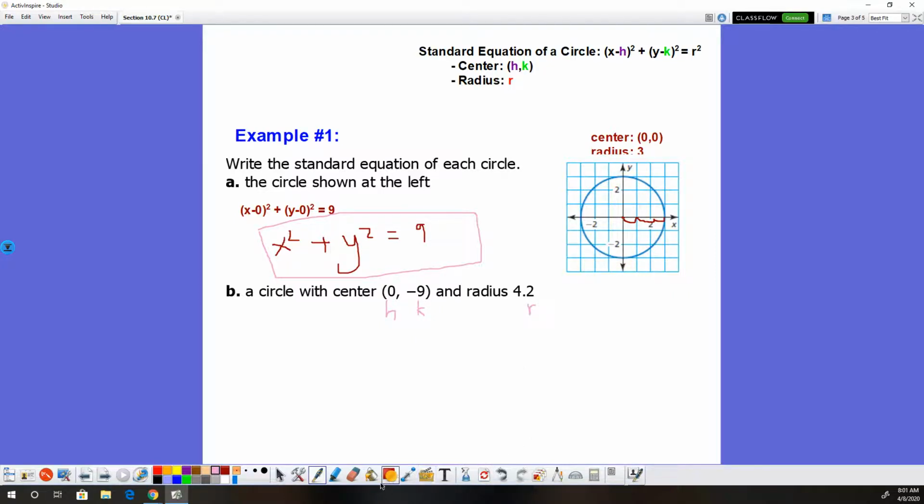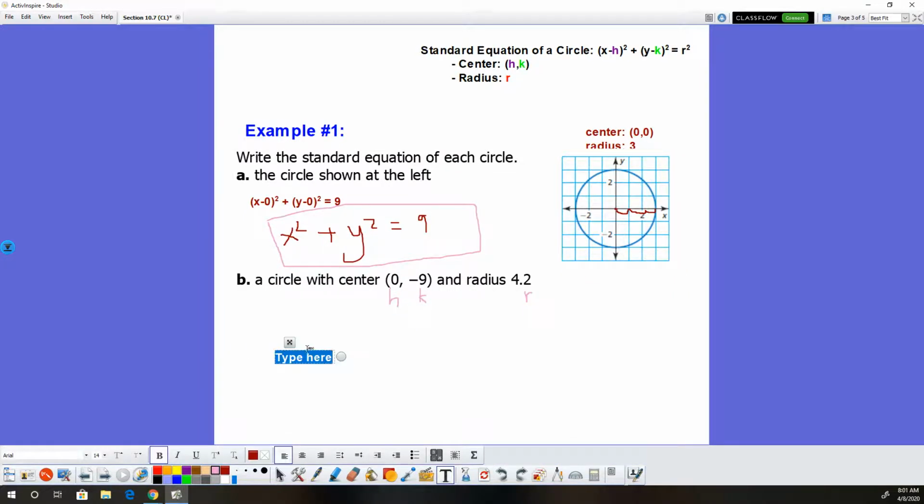Okay, so to write the equation of this circle, it'd be parentheses, x minus h, and notice our h is 0, and that's squared. Plus y minus k. k is our y value of our center, which is -9.